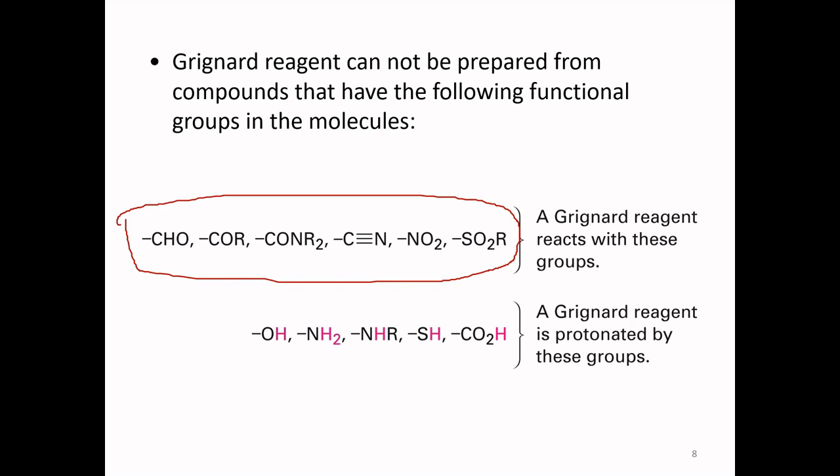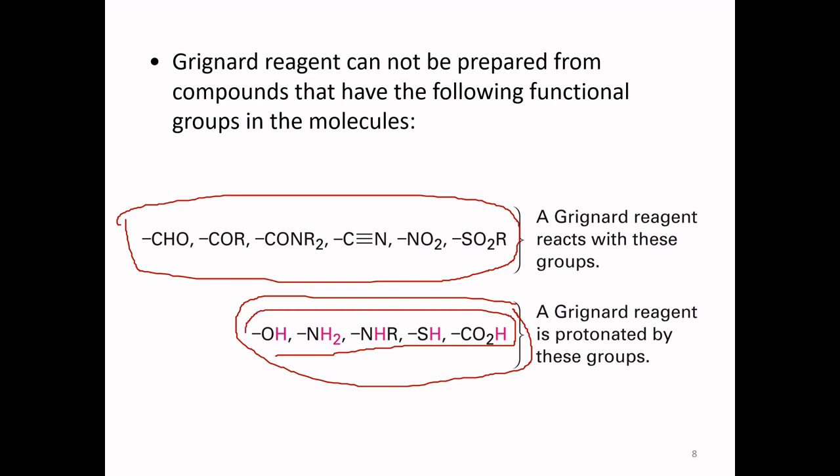In the second example, a Grignard reagent can be easily protonated by this group. So when we want to choose a solvent for a Grignard reaction, we cannot use solvents that contain this functional group because it is easily protonated.